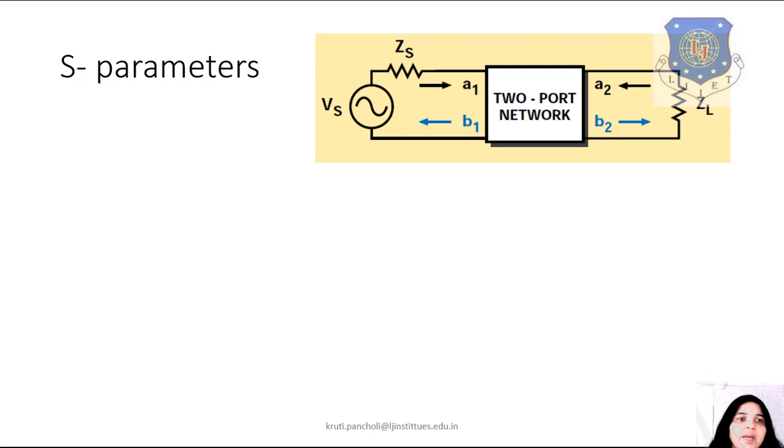But while working at high frequency in microwave, all these techniques will not work.